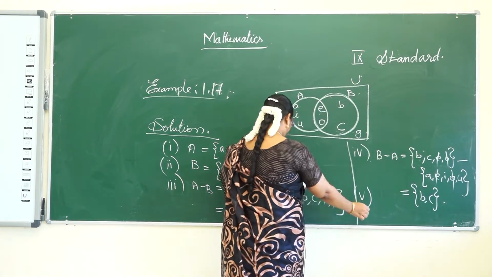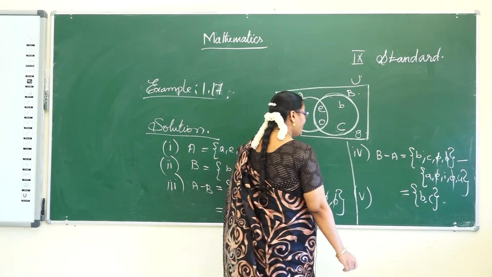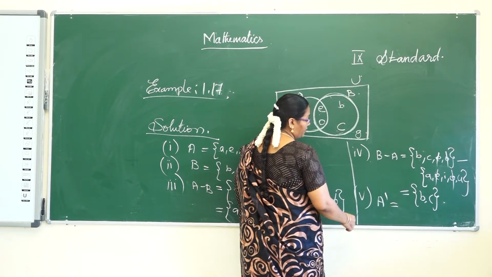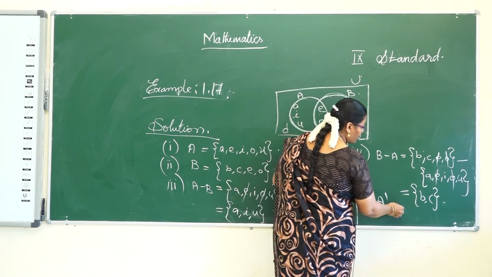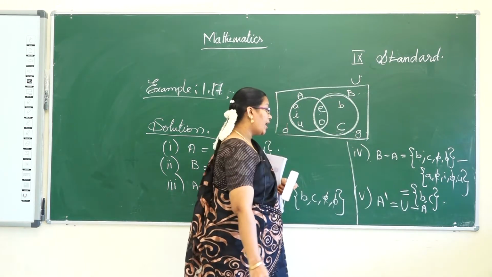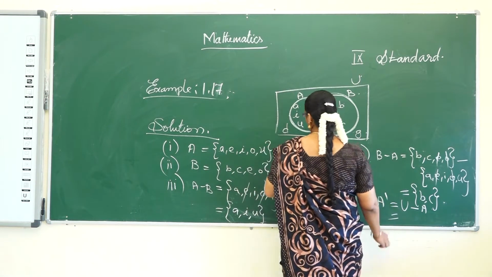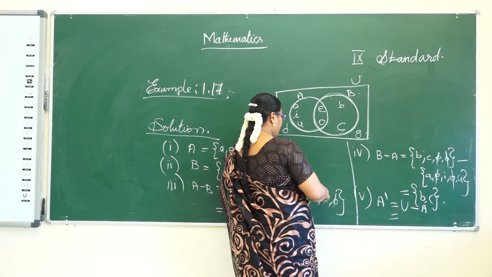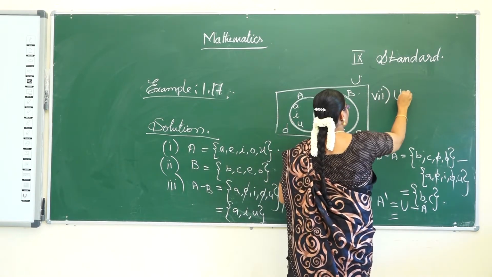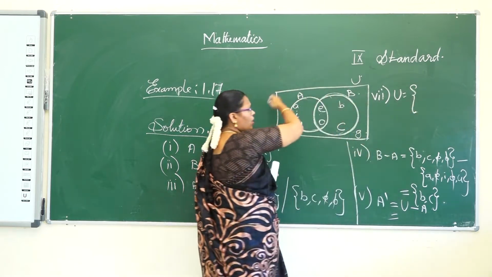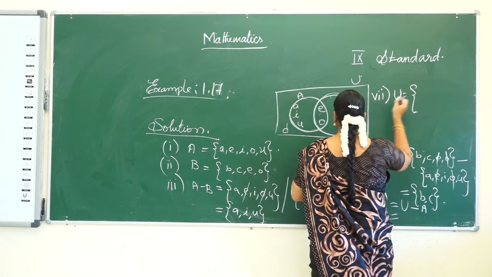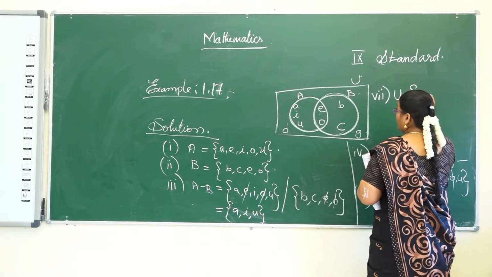And fifth one, A dash, or A complement. How do you write A complement? Universal set minus A, universal set difference A. What is the universal set here? First of all, write the universal set, the set of all the elements in the sets. So which are the elements in sets A and B, and the remaining elements?